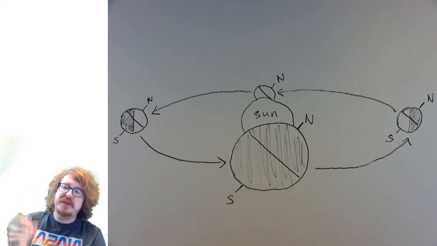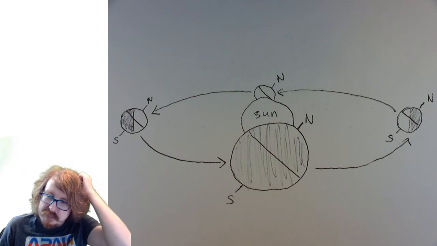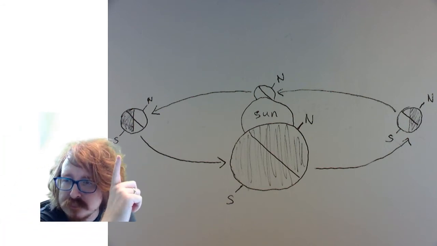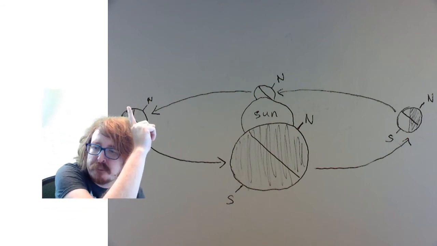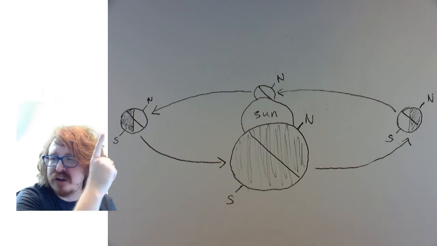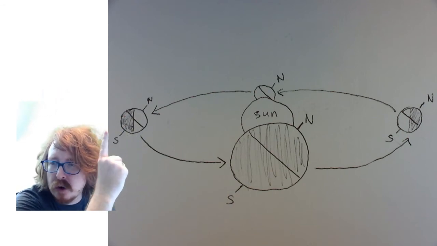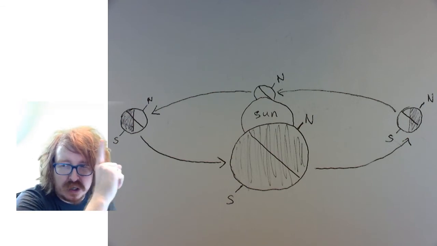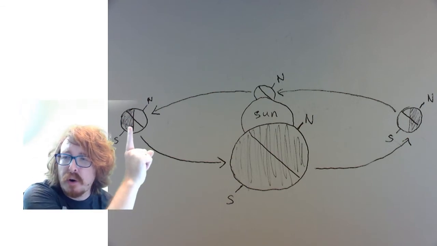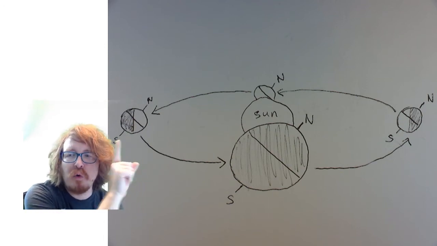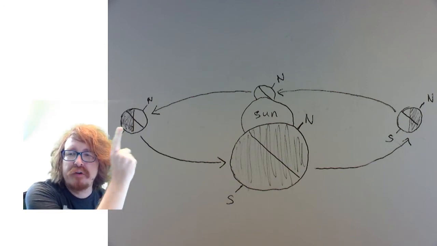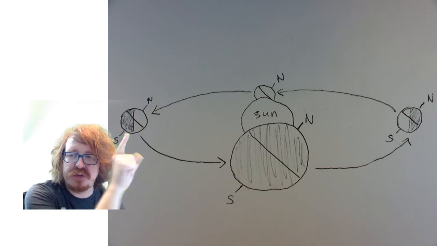Okay, now, somebody's pointing this out. This is summer for us in the northern hemisphere because our pole is tilted towards the sun. But if you're living down in Australia or the southern part of South America or Africa, then your pole is tilted away from the sun when the Earth's right here. So what season would this be for the people in the southern hemisphere right here?